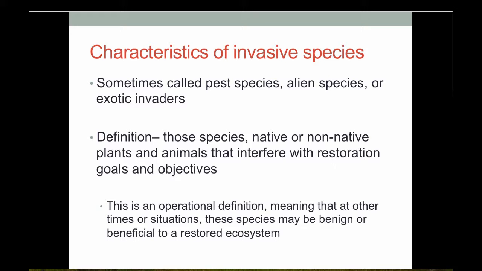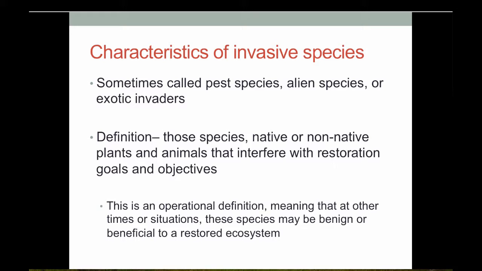Pests or pest species, which we'll refer to here as invasive species, you'll also see called alien species or exotic invaders. For the purpose of this lecture and for our restoration class, we're going to define invasive species as those species, native or non-native, that include plants and animals that interfere with restoration goals and objectives.